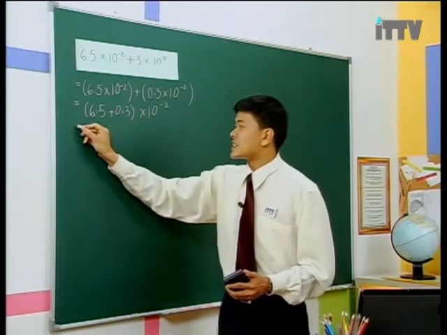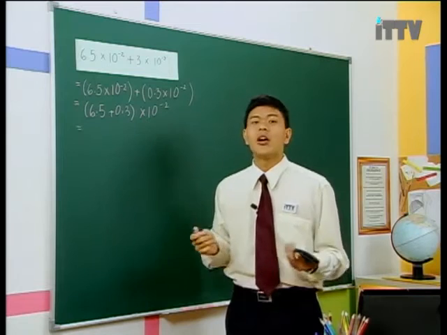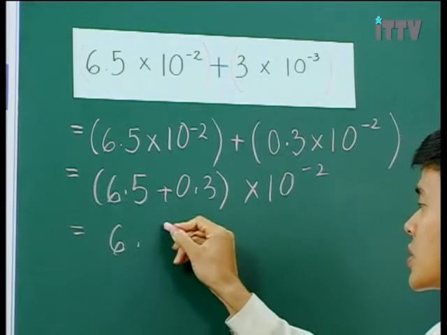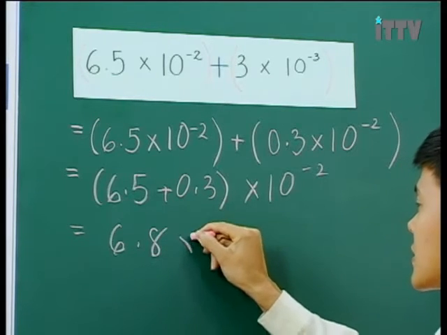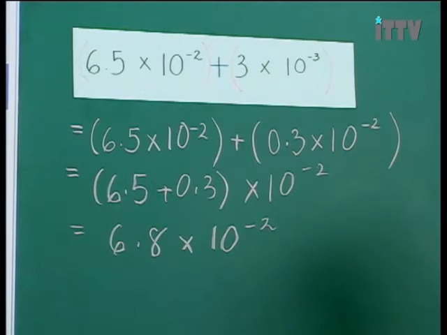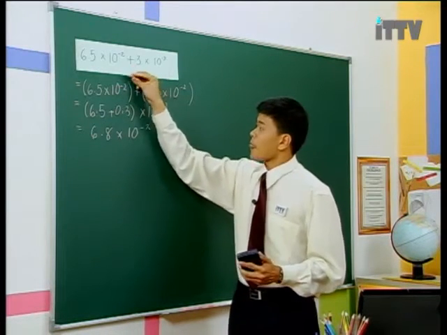Hence perform step 3, the operation or operations that are needed. 6.5 plus 0.3 is 6.8 times 10 to the power of negative 2. So don't forget the 3 steps involving addition.